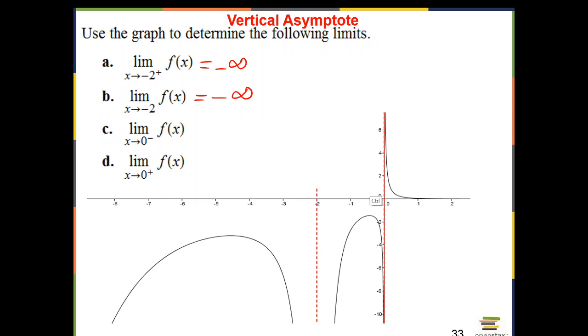From the left is negative infinity, right? You see that? Goes to negative infinity. From the right of 0, it goes to positive infinity, right? All right, now, so this proves that x equals negative 2 is a vertical asymptote, and x equals 0 is a vertical asymptote, right?